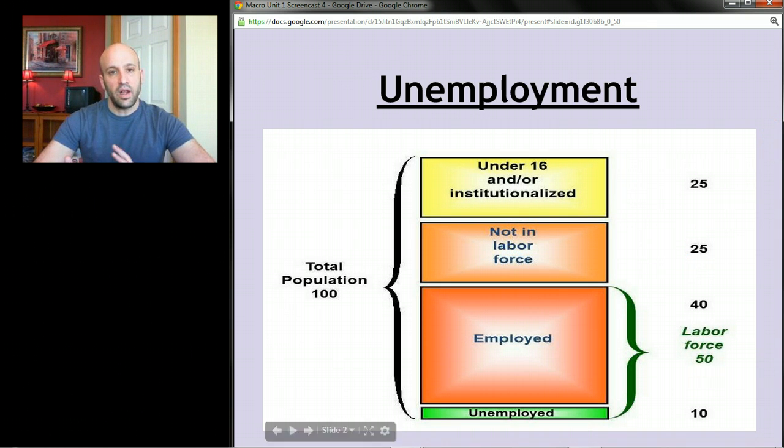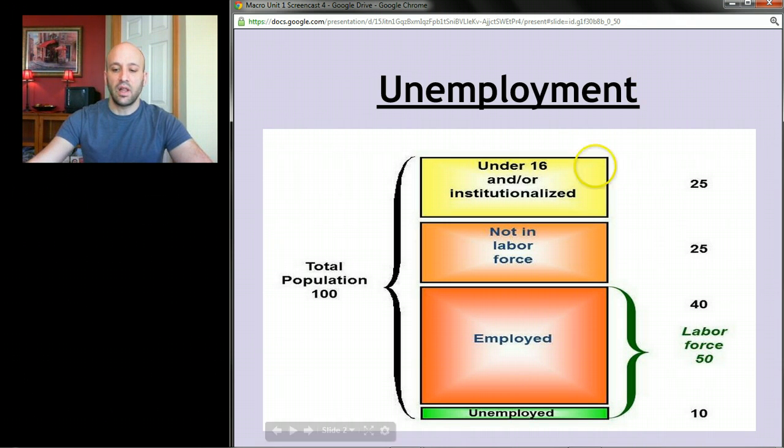And so one of the things that happens in the business cycle is that when we go through recessions, when the economy gets really bad, sometimes the unemployment rate actually goes down. Not because we're actually getting more jobs, but because so many people are leaving the labor force because they've given up. And alternatively, when the economy gets better, when jobs start reappearing and GDP starts going up, sometimes the unemployment rate will actually go up.